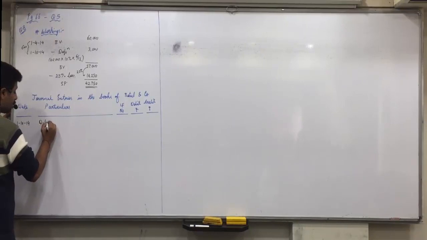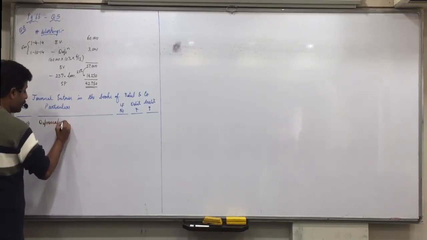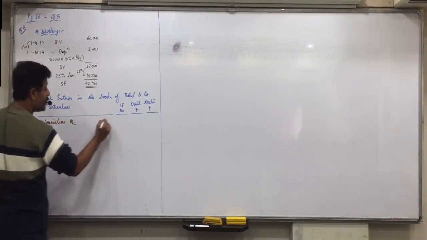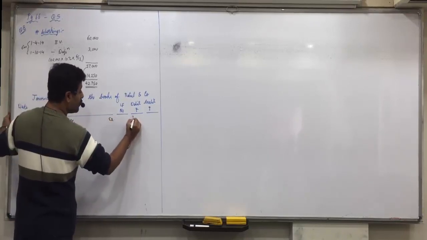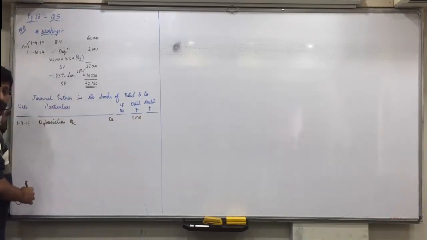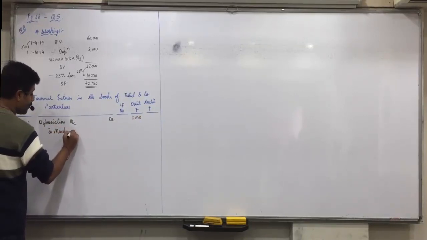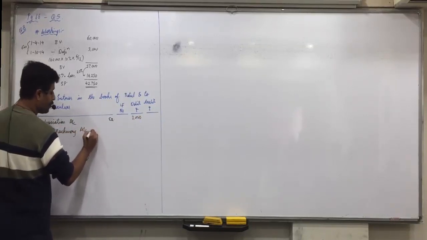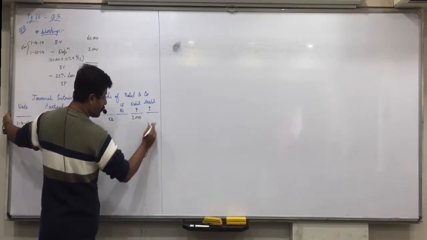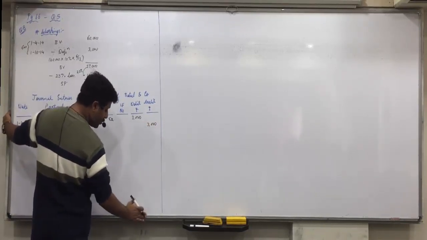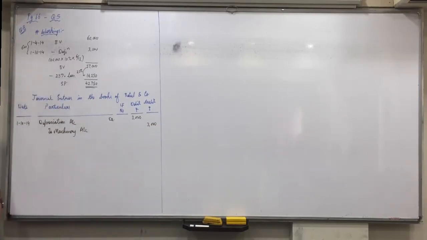Depreciation account debit 3,000 to machinery account 3,000. Being depreciation provided at the rate of 10% by RBI.